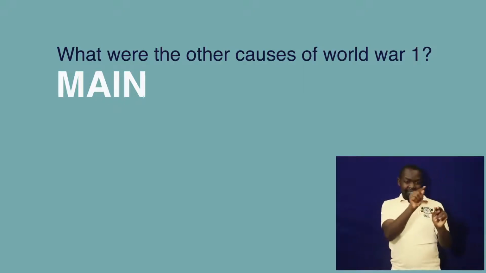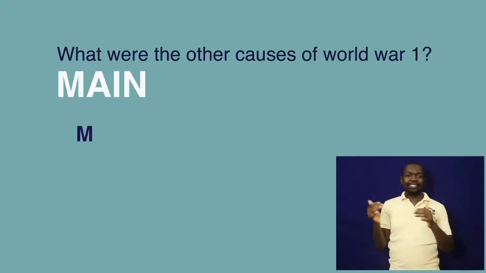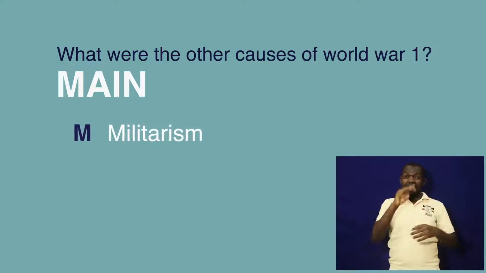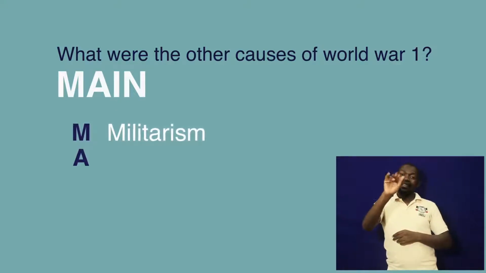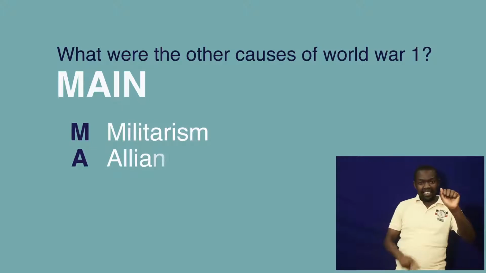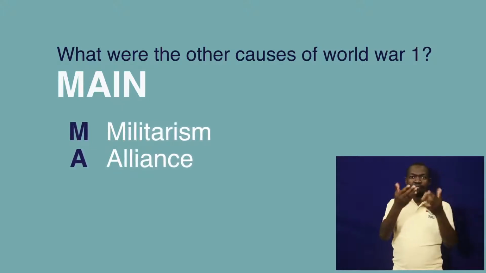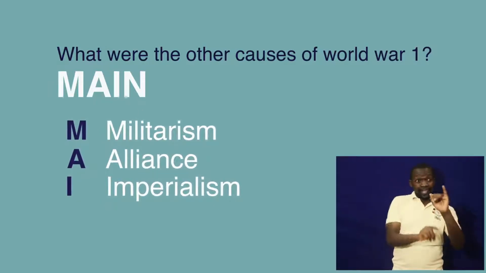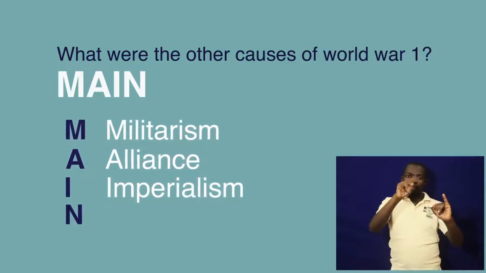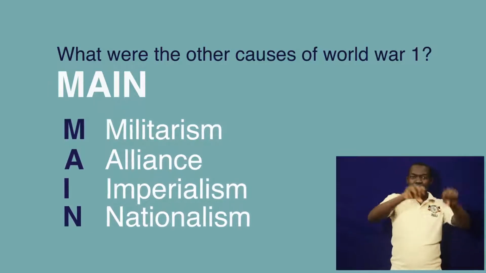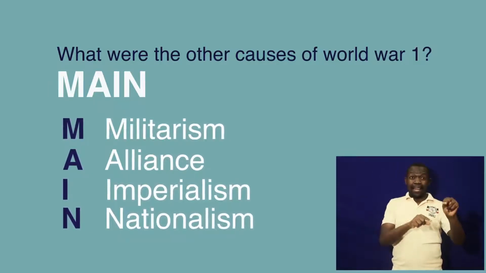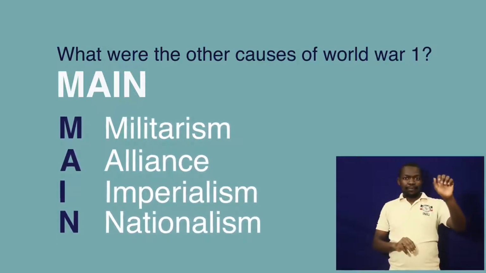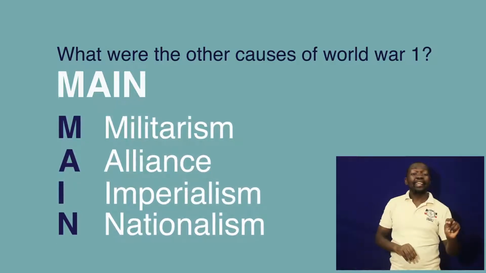M is for militarism. A is for alliances. I is for imperialism. And N is for nationalism. Main: militarism, alliance, imperialism, and nationalism.